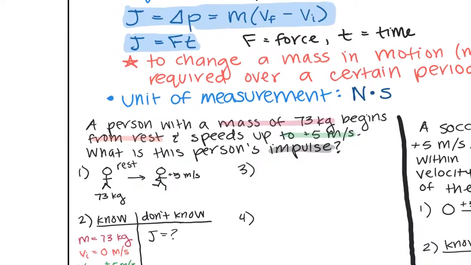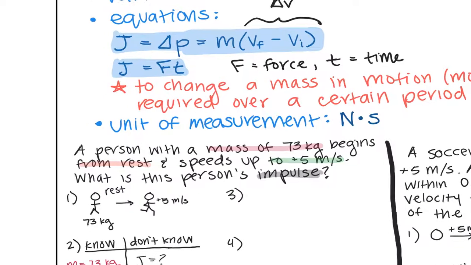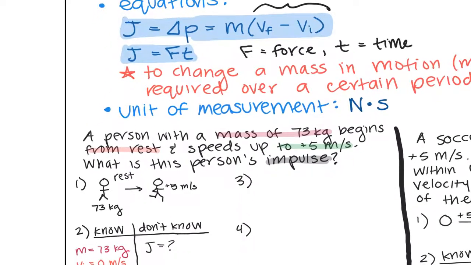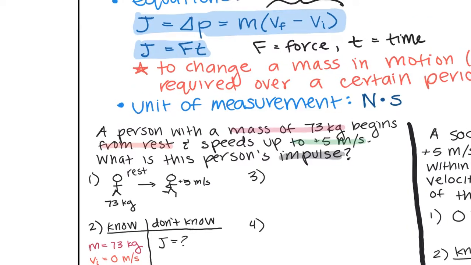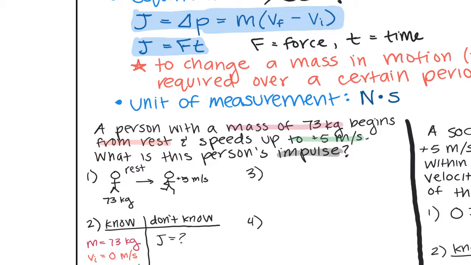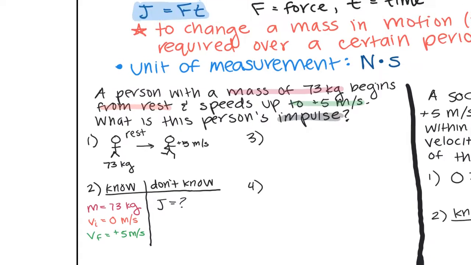So we need to think about what we are given and decide on the equation that makes sense to solve with. We are not given anything about force or time here. So it doesn't really make sense to solve for impulse if we have no information about that person's force or time.